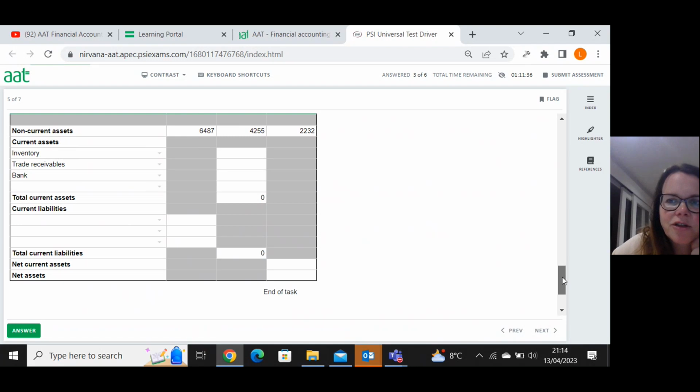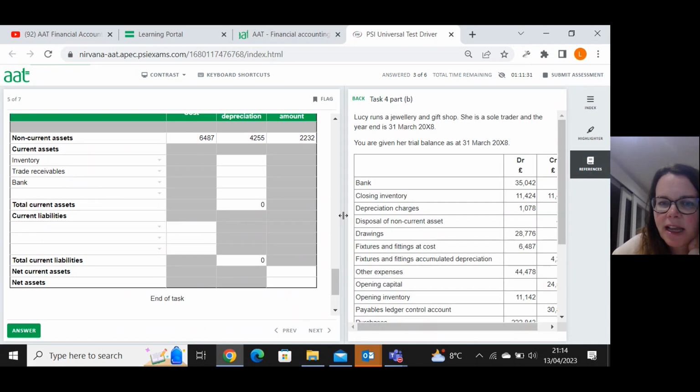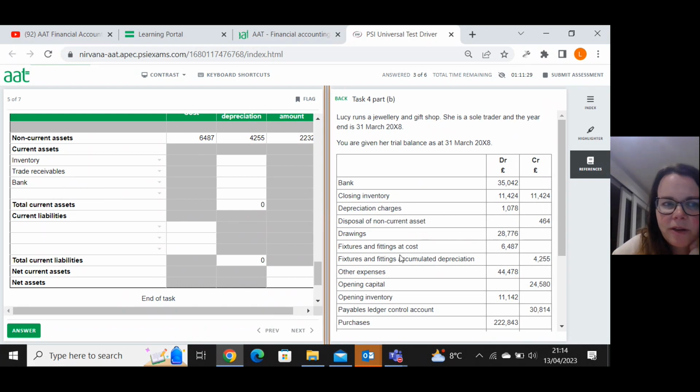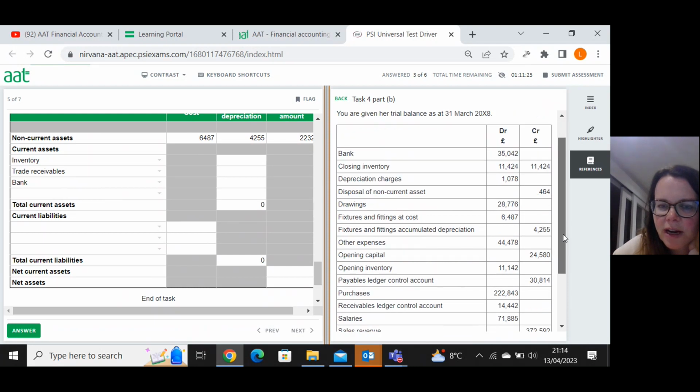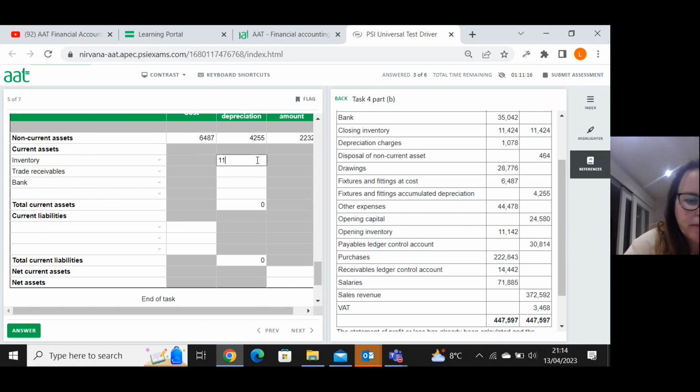Right, so looking at the trial balance, I'm just going to get that up alongside it so I don't have to keep flicking backwards and forwards. So closing inventory here, 11424.